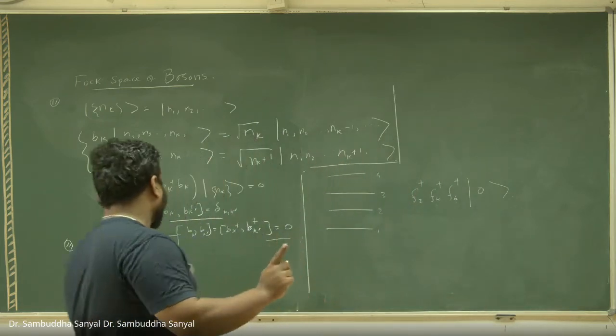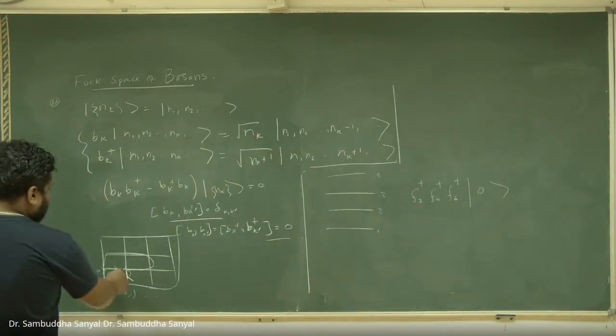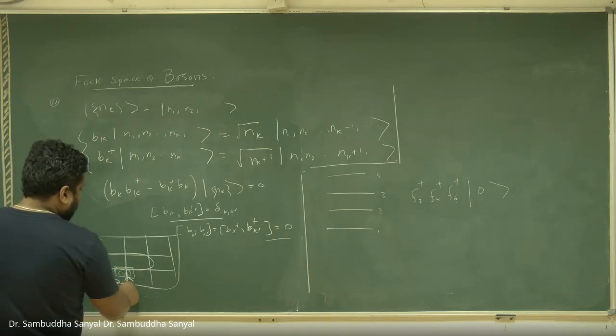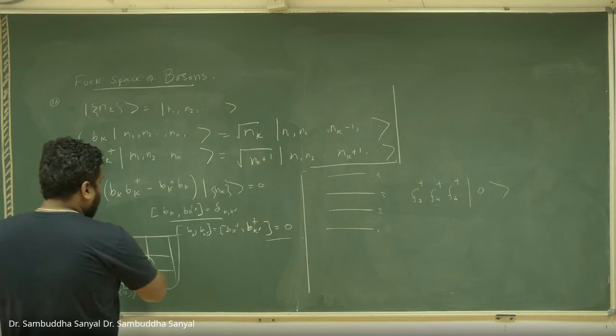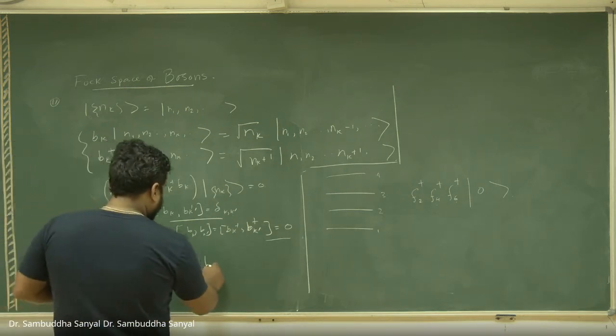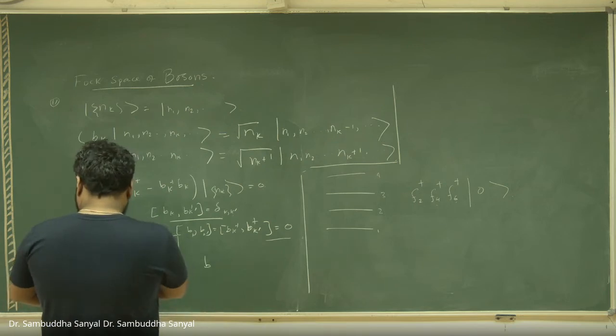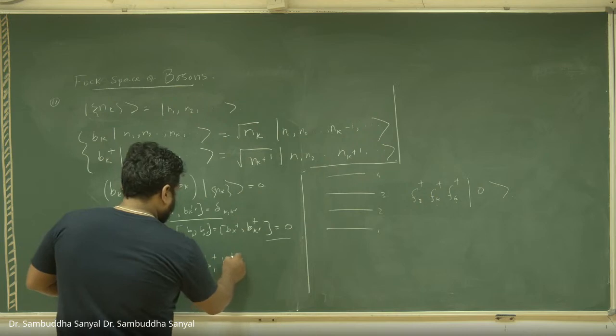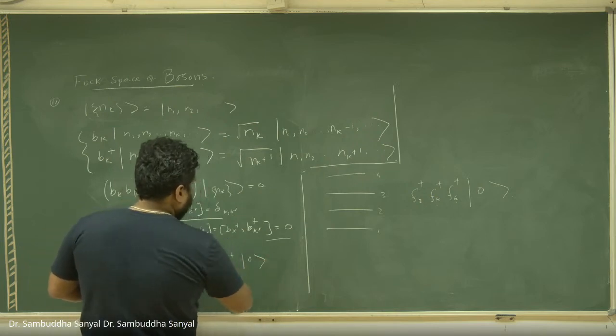Oh, one more point I just wanted to remind, that all these states, all these points you can represent as some operator acting on vacuum. Okay? So it could be you can write it as B1 dagger, B2 dagger, 0. 0 means 0, 0, 0.